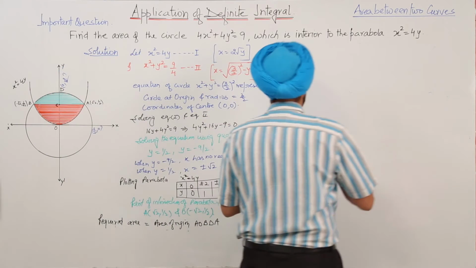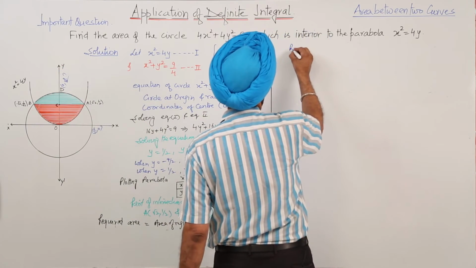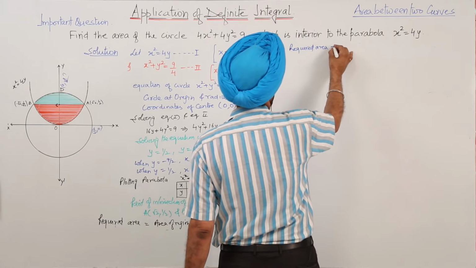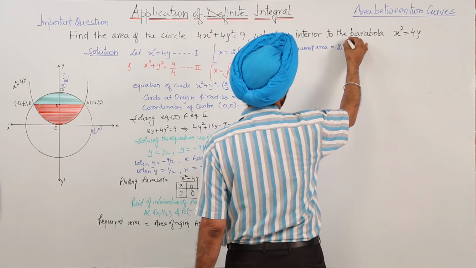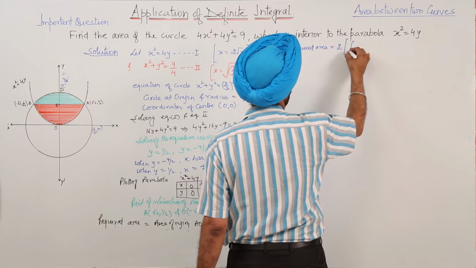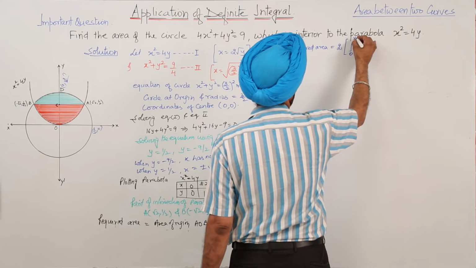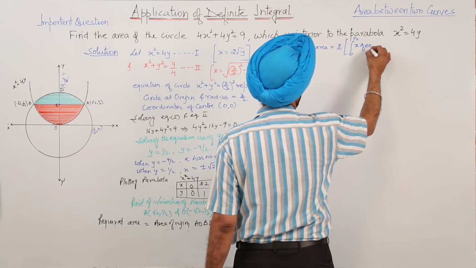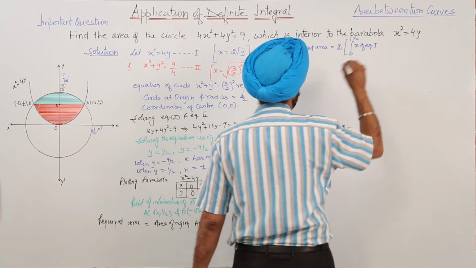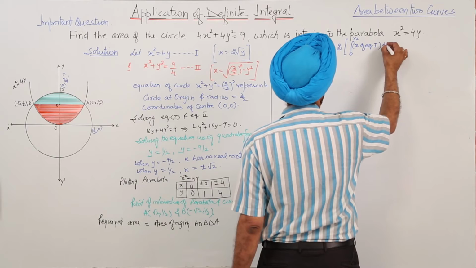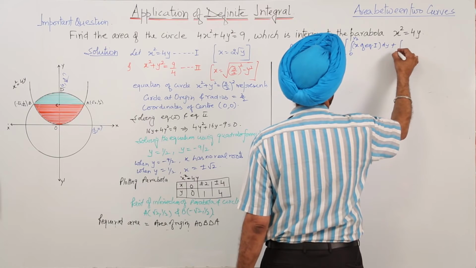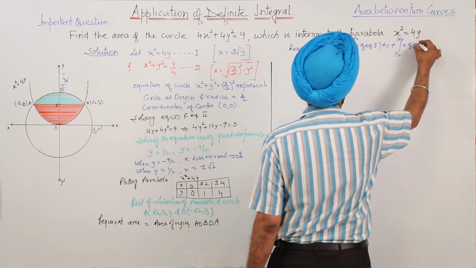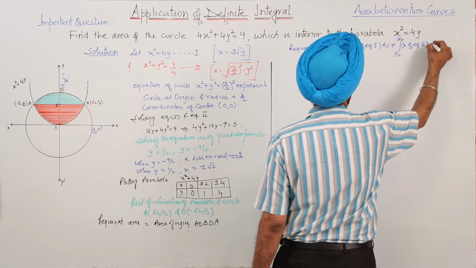Now required area can also be written as twice of integral 0 to 1 by 2 x of equation 1 dy plus 1 by 2 to 3 by 2 x of equation 2 dy.